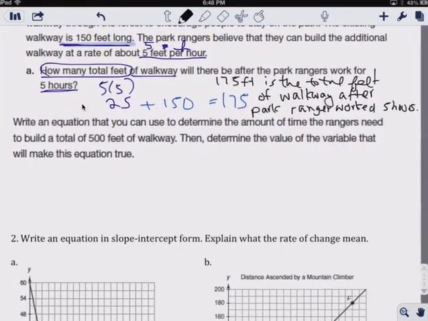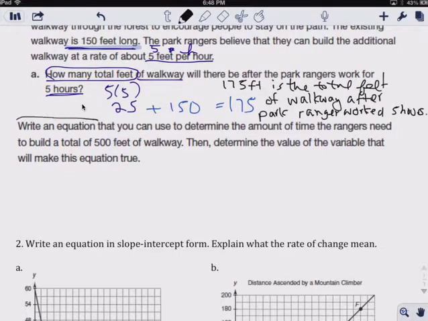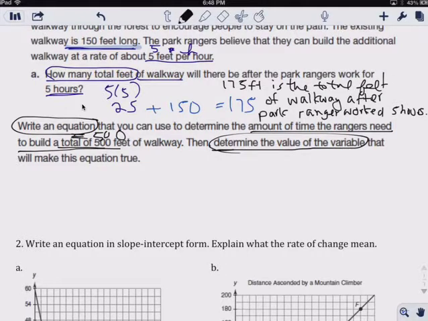Write an equation here that you can use to determine the amount of time the ranger needs to build a total of 500 feet of walkway. Then determine the value of the variable that will make the equation true.